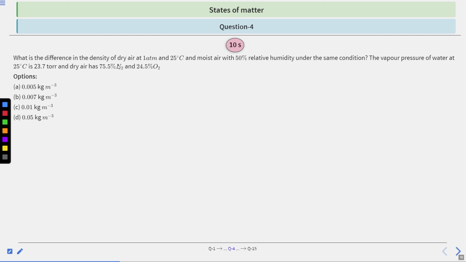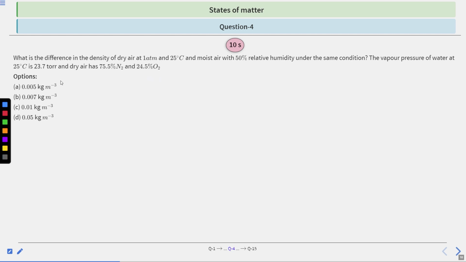What is the difference in the density of dry air at 1 atmosphere and 25 degrees Celsius and moist air with 50% relative humidity under the same conditions? The vapor pressure of water at 25 degrees Celsius is 23.7 torr, and dry air has 75% N2 and 24.5% O2.